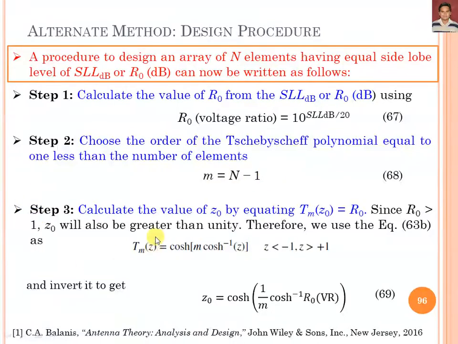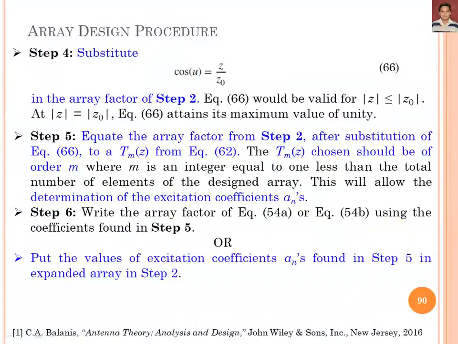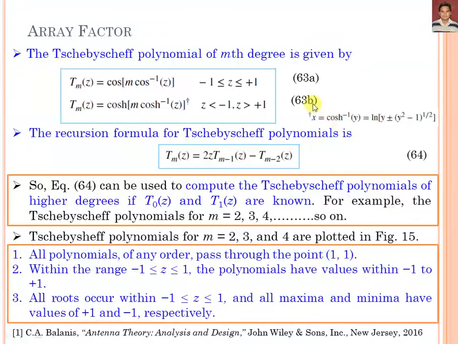In step 3, we can calculate the value of Z0 by equating Tm of Z0 equal to R0. Since R0 is greater than 1, Z0 will be greater than unity, so we can use equation 63b, and this is the 63b equation, as you can see here.